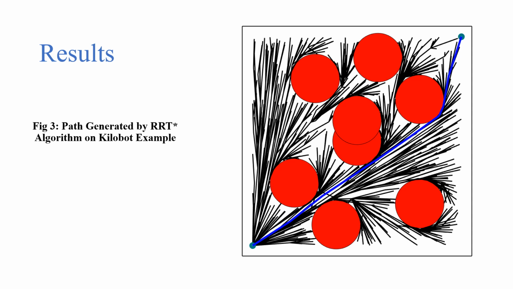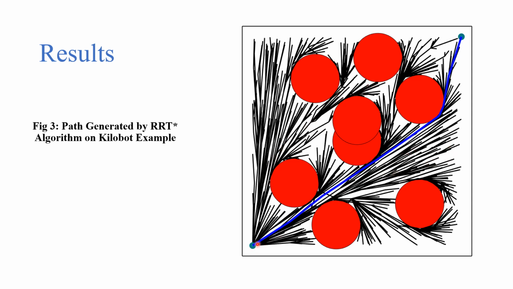Now we present the results of the path planning using the RRT star algorithm. The figure here on the right shows the results of applying this algorithm to our test environment for the kilobot robot. Now we can see that the straight line edges, which are characteristic of the RRT star algorithm, are exhibited clearly.